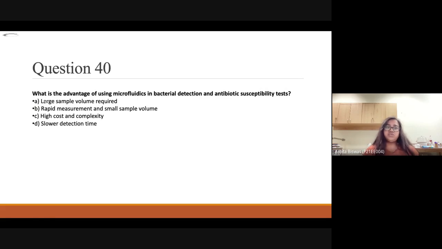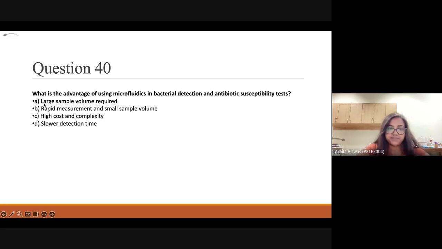So next, this is the last question, question number 40. What is the advantage of using microfluidic bacterial detection and antibiotic susceptibility testing? The first option is large sample volume required. The second option is rapid measurement and a small sample volume. The third option is high cost and complexity. And the last option is slower detection time.